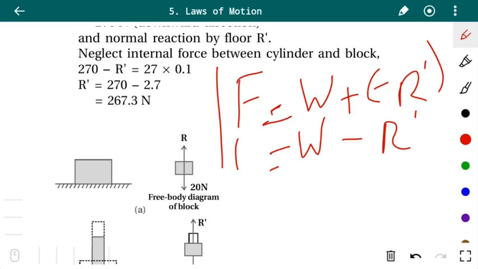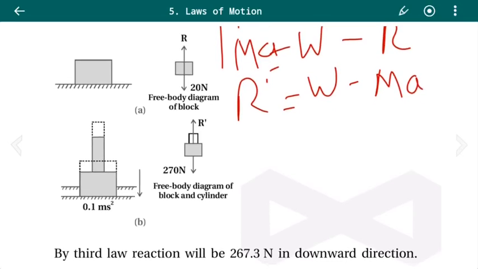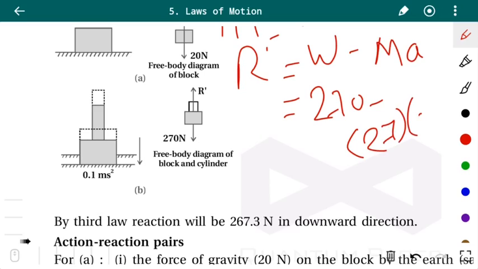Here F equals M into A. Taking R dash to the left hand side, it becomes positive. R dash equals W minus capital M A. Here M is the mass of the system containing the block and the cylinder. The weight we got as 270 minus the total mass, that is 27, into the acceleration 0.1 meter per second square.